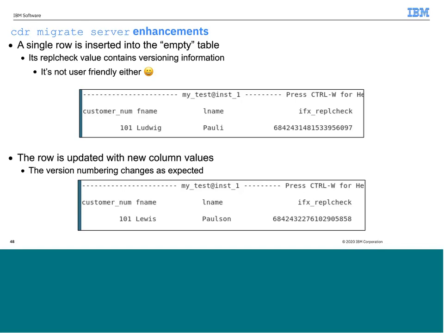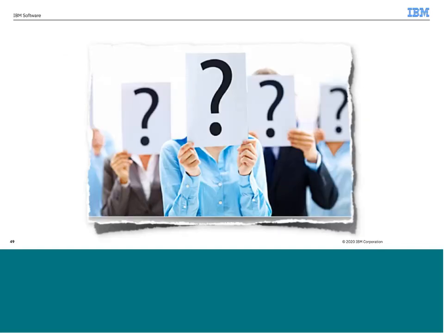That's most likely information related to the Cdr server ID. But I don't know because I don't know what the magic is behind it. So anyway, that's the new add REPL check column or add REPL check phase for Cdr Migrate Server.